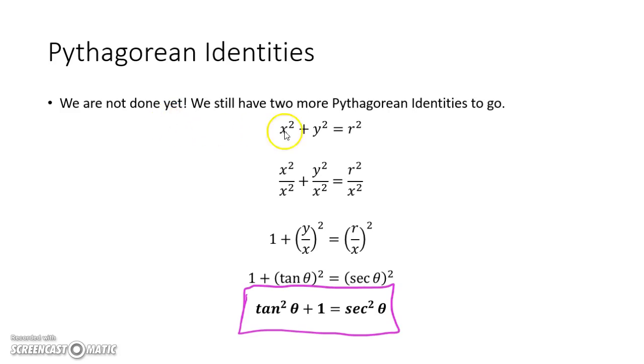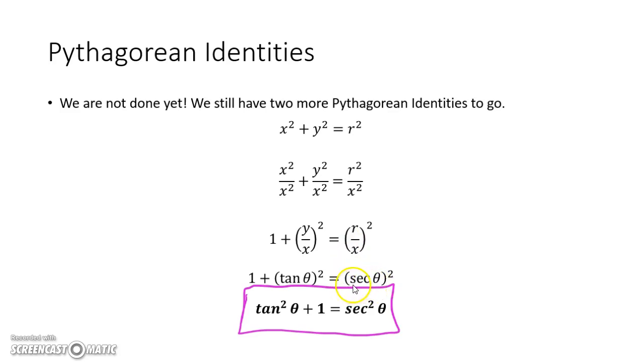Now, there's two more identities. I kept this one. I just wanted to show you the steps where instead of dividing by r squared like we did in the last one, we went ahead and divided by x squared. And what we ended up getting was 1 plus y over x squared. Well, y over x is the same thing as tangent. And then r over x is going to be secant.